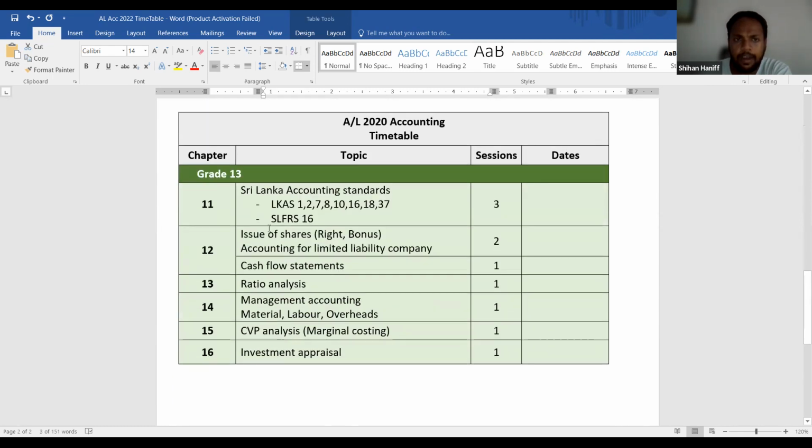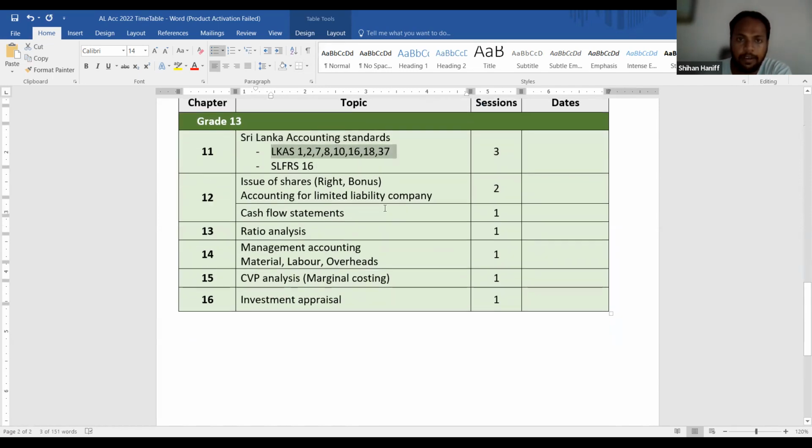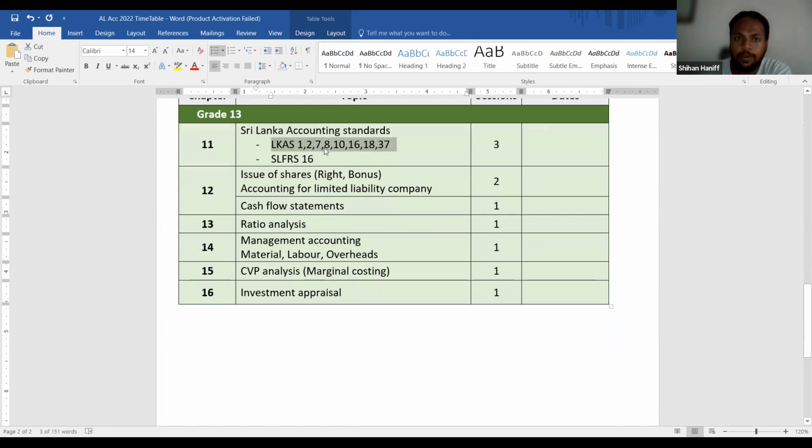Then grade 13 accounting, starting with accounting standards. The important standards are LKAS 1, 2, 7, 8, 10, 16, 18, 37, and SLFRS 16. Then we have another main topic, which is limited liability companies, company final accounts, including cash flow statements.